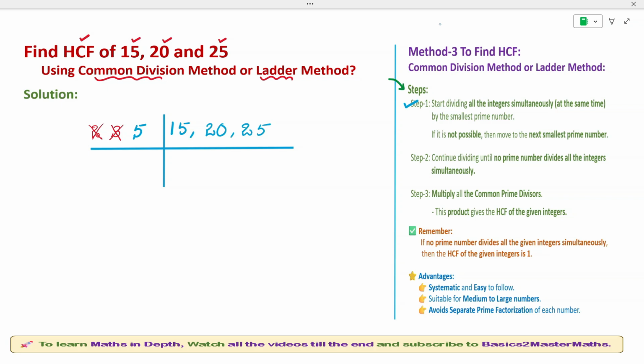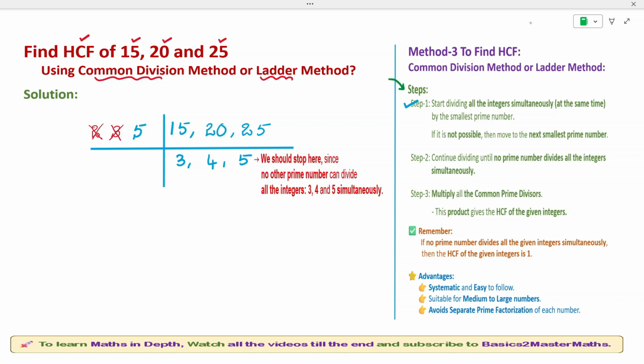Since 5 divides all three integers 15, 20 and 25 exactly, we get 3, 4 and 5.